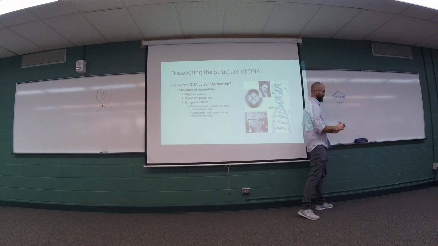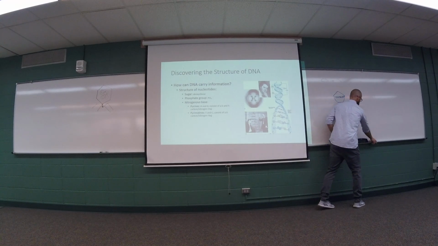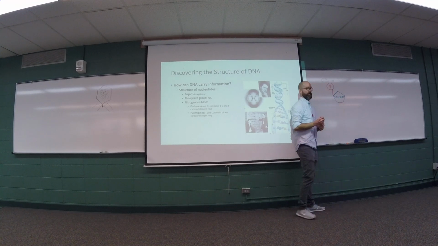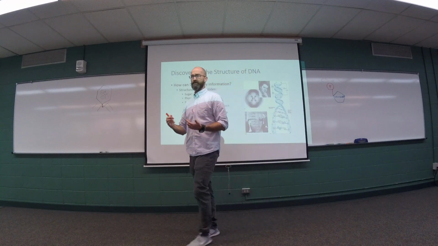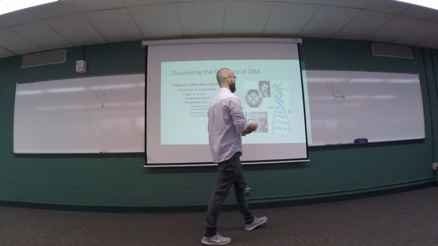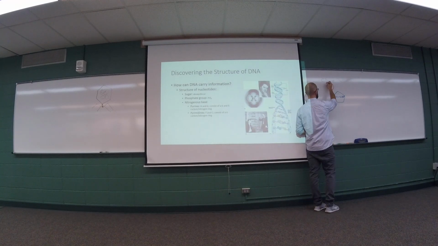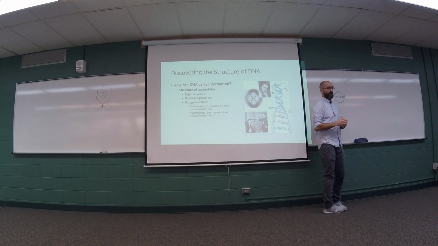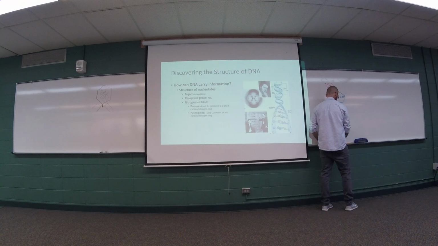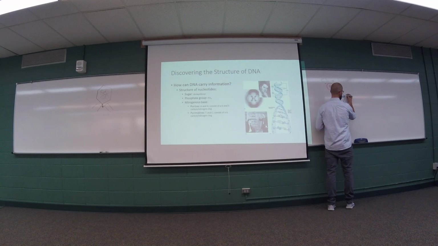And then deoxyribose is attached to a large phosphate, right? And phosphate carries a charge, and that charge is negative. It's negative. And then coming off one of the carbons from our deoxyribose, there is a nitrogenous base.